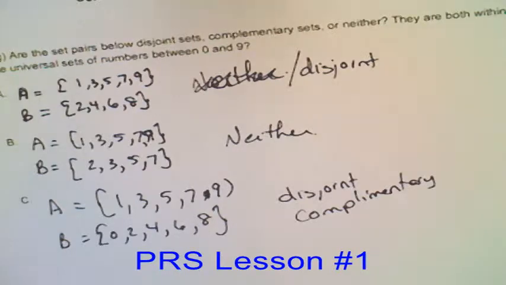But are they complementary? If everything that's not in A, but within the universal set, is in the other, these are complementary sets. And that's what I've got here, because the numbers that aren't within A are 0, 2, 4, 6, or 8, because they're all within the universal set between 0 and 9. So that's where this comes from, and those are complementary sets.